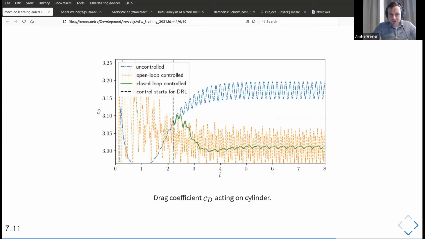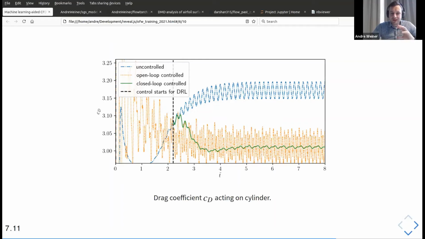So here's how it looks in terms of the temporal evolution of the drag coefficient. What you see here, the dash dotted blue line is the drag in the uncontrolled flow. Then the orange dotted line is an open loop controller, which we designed and optimized.